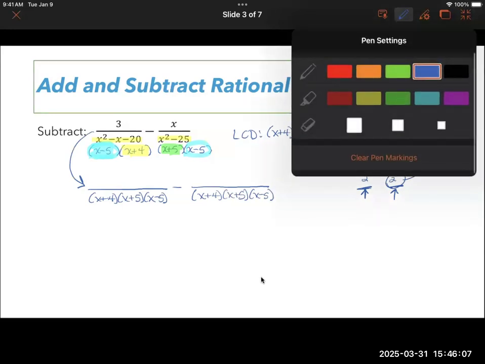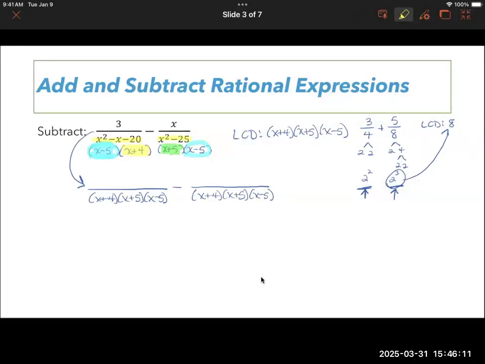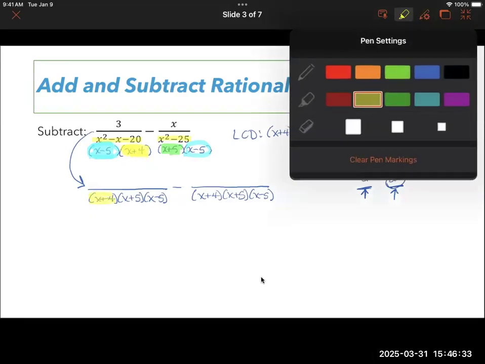Now, in order to write equivalent fractions or expressions, whatever we multiply by the bottom, the denominator, in order to create our least common denominator, we also have to multiply to the numerator. So in this case, we can see that we have the x plus 4 here. Okay, that's a match.